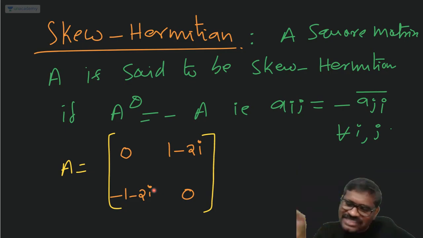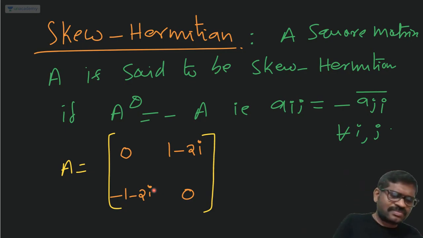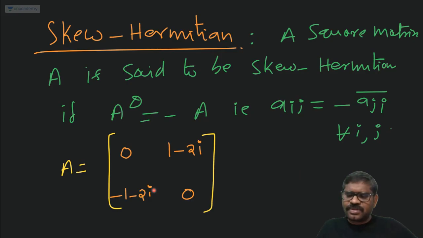How real is complex? One is written as 1 plus IR. How 1 is 1 plus I? नींद आने है तो सो जाओ.